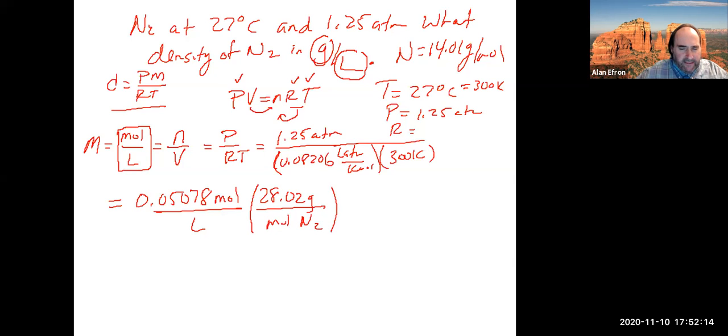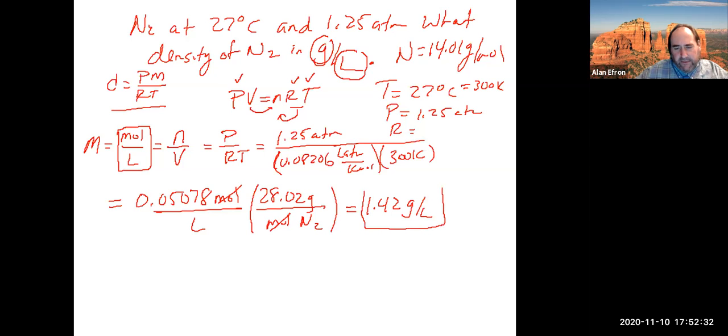By multiplying this by the molar mass, the moles will cancel, and that will leave me grams per liter, which is what I'm looking for here. And that gives 1.42 grams per liter.